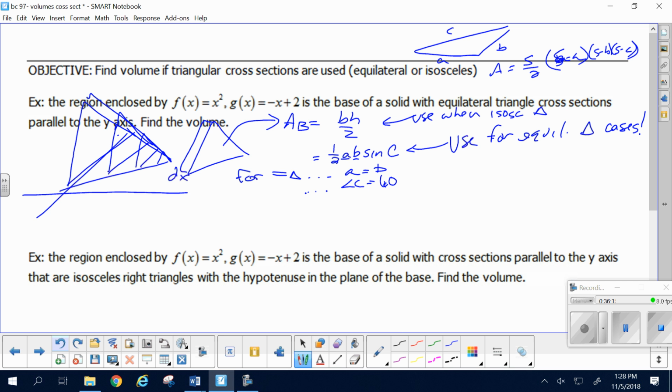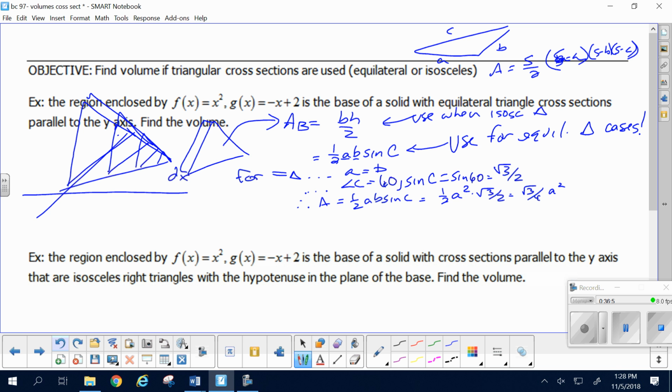They must all be 60 degrees. So the sine of C will be sine of 60 degrees, or root 3 over 2. So for equilateral triangles, we can conclude that the area 1/2 AB sine C will be nothing but 1/2 A squared times root 3 over 2, or root 3 over 4 times the side squared. And that gets pretty doggone clean.